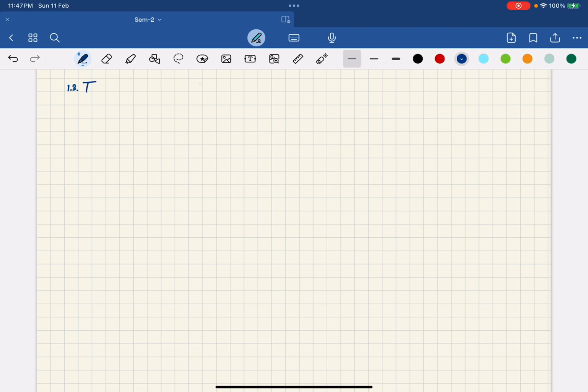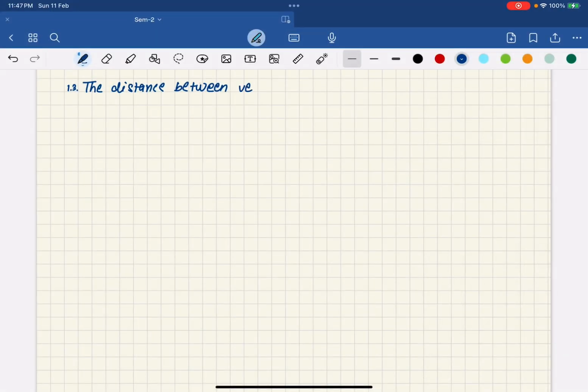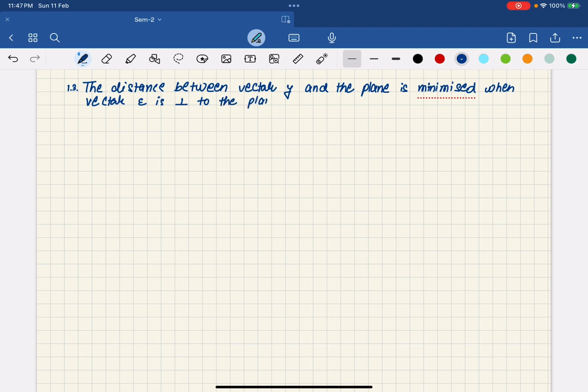Okay, the distance between vector y and the plane is minimized when vector E is perpendicular to the plane, right?